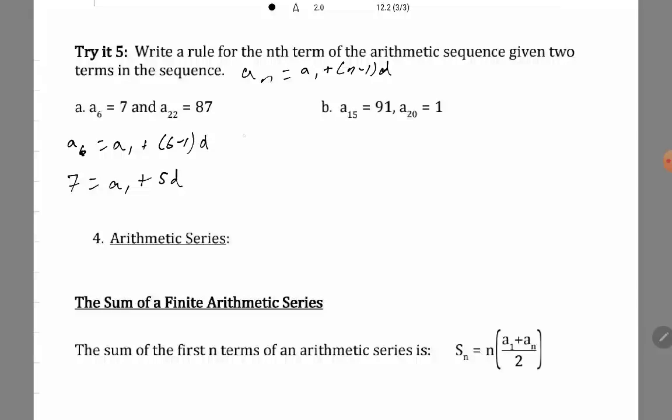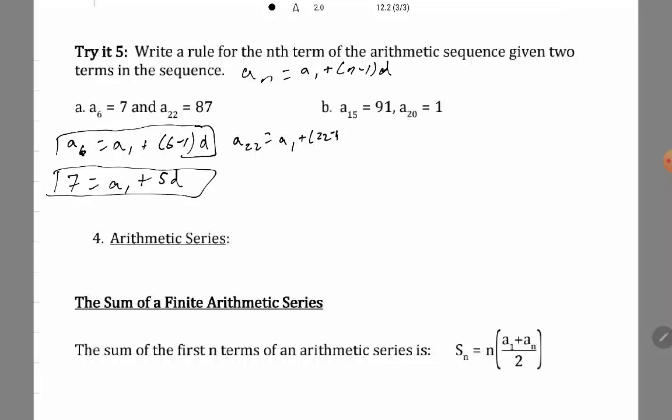So here's my first formula. And then my second one. a sub 22 equals a1 plus 22 minus 1 times d. So 87 equals a1 plus 21d.